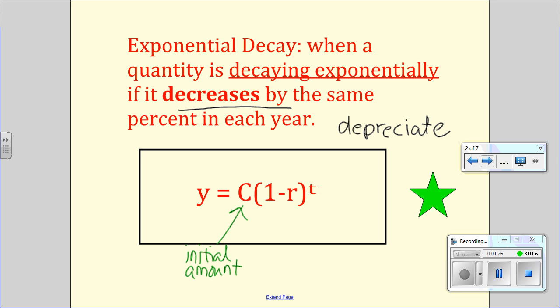Even if your parents can't help you with your algebra, they'll be able to help you with the vocab, because it's not special to algebra, that's just real life vocab. R is going to be the rate. And guess what that rate still has to be? It has to be your percent turned into a decimal.